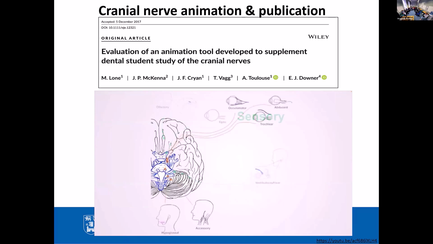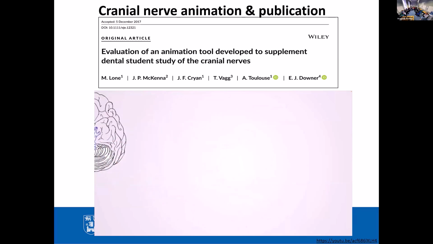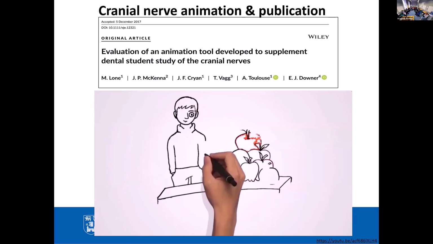Other nerves have motor function, such as the oculomotor, trochlear, abducent, accessory, and hypoglossal nerves. And some nerves are in fact mixed, having both sensory and motor capacity, like the trigeminal, facial, glossopharyngeal, and vagus nerves. While these nerves have several actions, in the following animation, we'll focus only on the function of the nerves related to this scenario. I'm hungry.